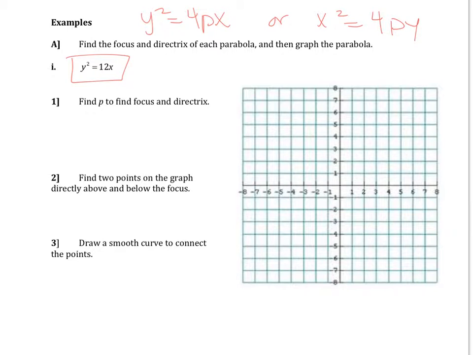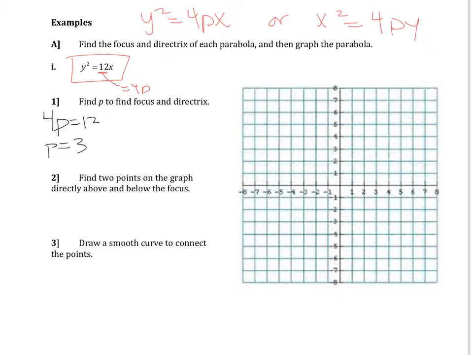If the 4p is negative, we're going to have a left-facing parabola. Okay, so we can see that 4p is positive, right? So 4p here, that 12, is equal to the 4p. Right, so 4p here equals 12, which must mean that p is 3.